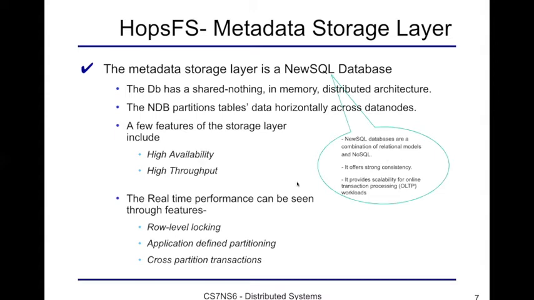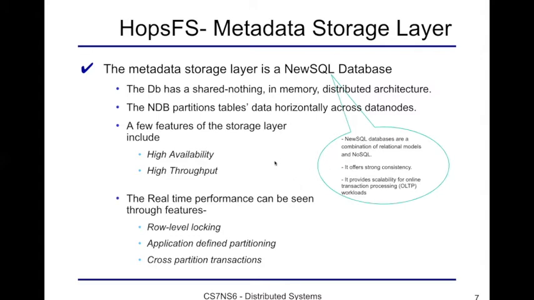Now, the metadata storage layer has a database which is a shared nothing in-memory distributed architecture. The network database, called NDB, partitions table data horizontally across data nodes. We'll cover data nodes in detail in the next slide.